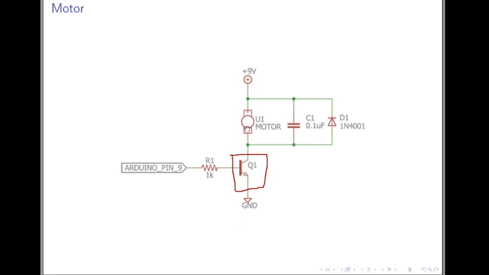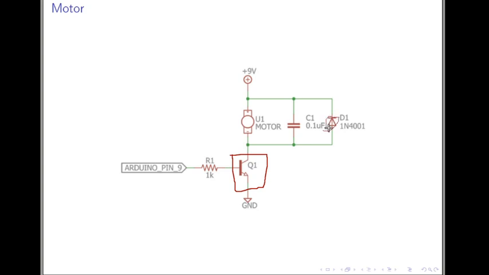The motor is connected to the collector region, where we have the high current, and in parallel with the motor there is a capacitor and a diode. Because a motor is an inductive device, it gives back EMF, and to reduce the back EMF we have this diode connection.